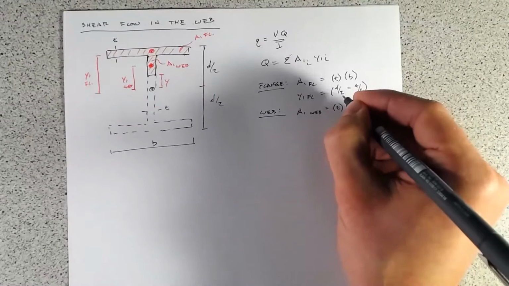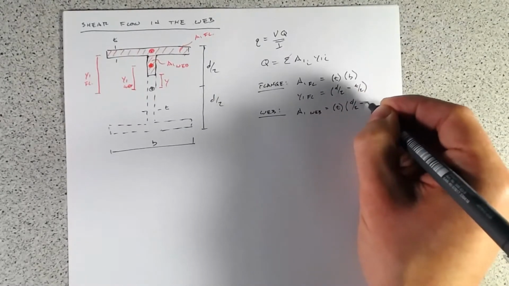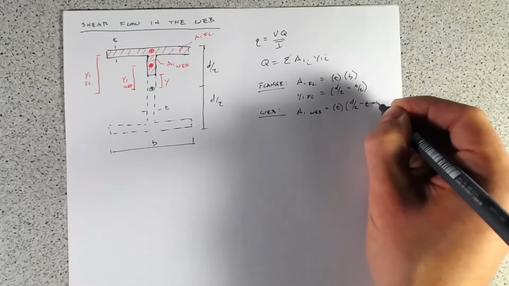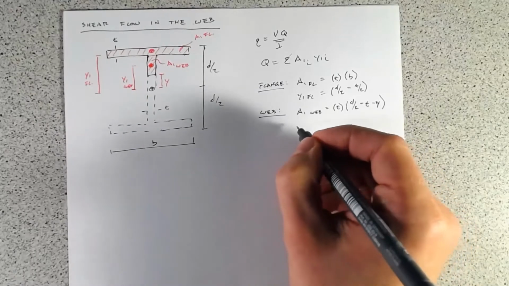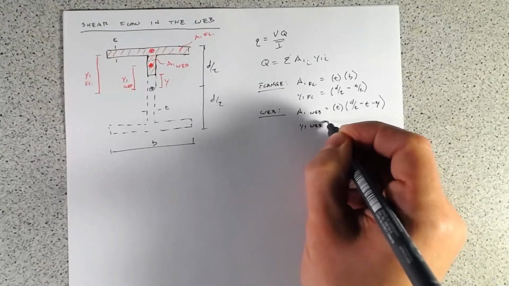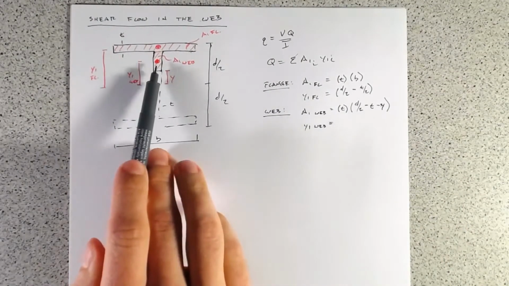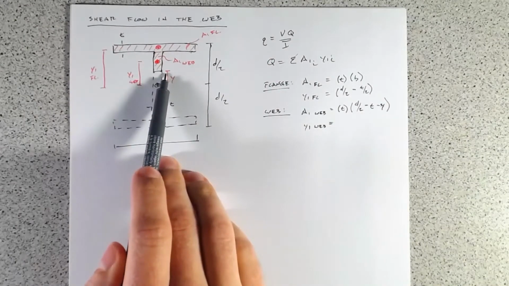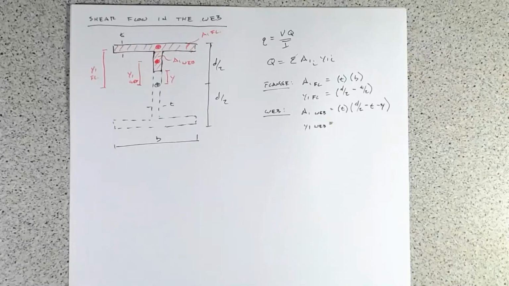So it's just going to be d over 2 minus t minus y. And y1 of the web is just going to be halfway between y and d over 2 minus t.